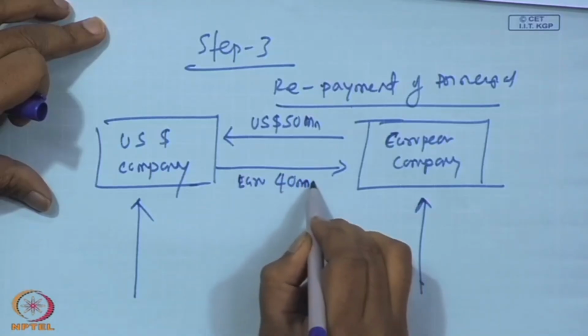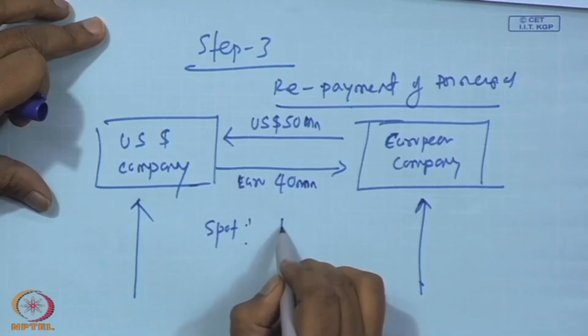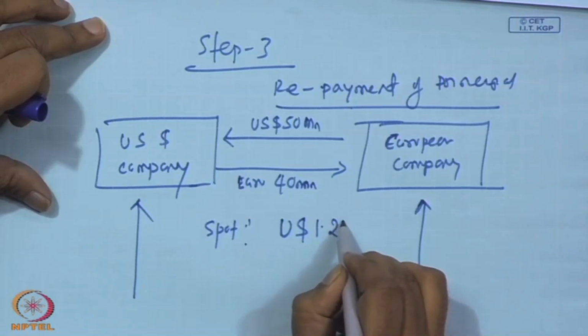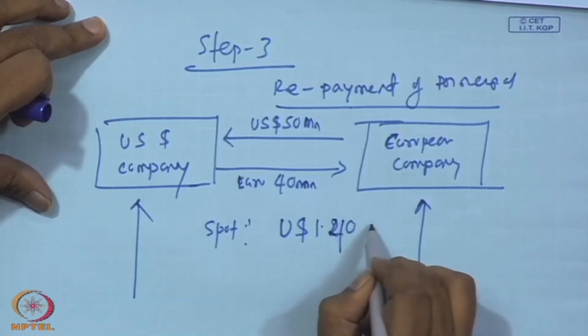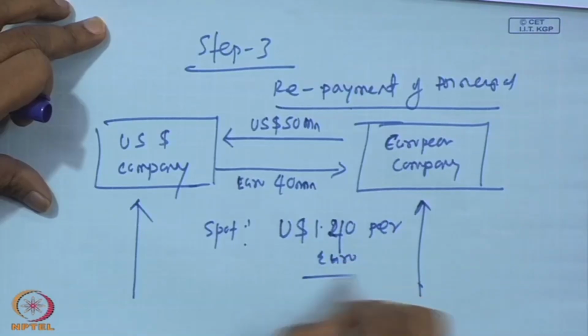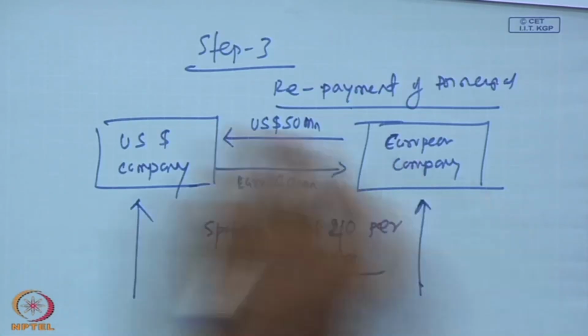The spot rate, the rate of the transaction, will be 1.40 dollar per euro. The prevailing rate is 1.40 dollar per euro, and at that rate the transaction takes place.